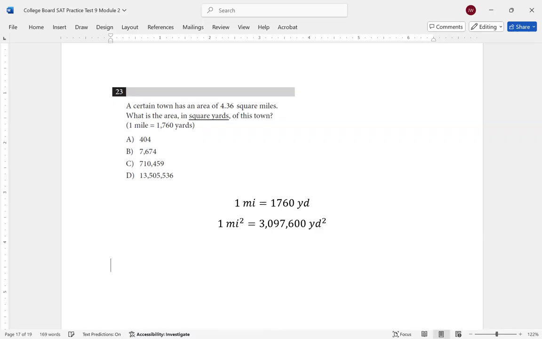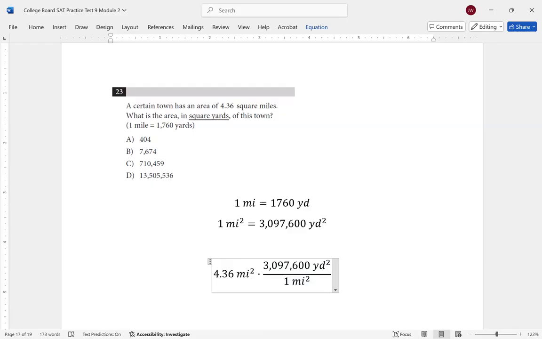And so if I'm converting from square miles to square yards, we take 4.36 square miles and multiply that times a fraction that is of size 1. So you take 3,097,600 square yards over 1 square mile.